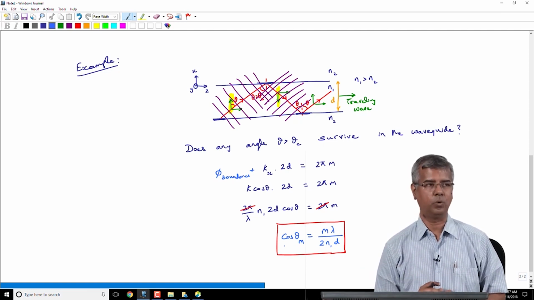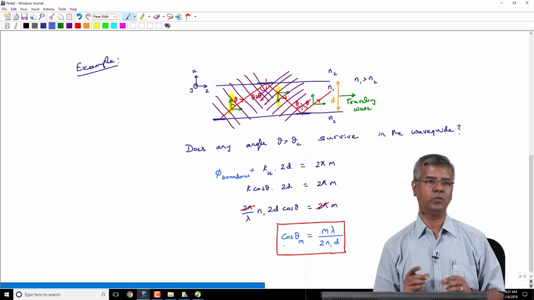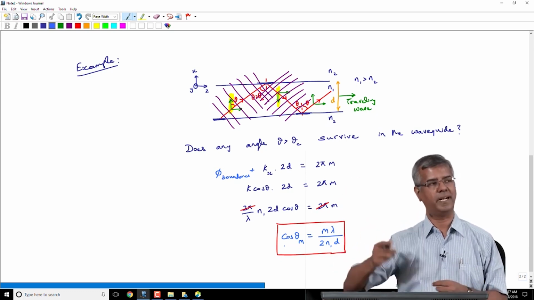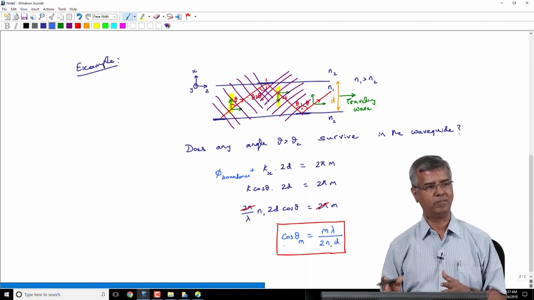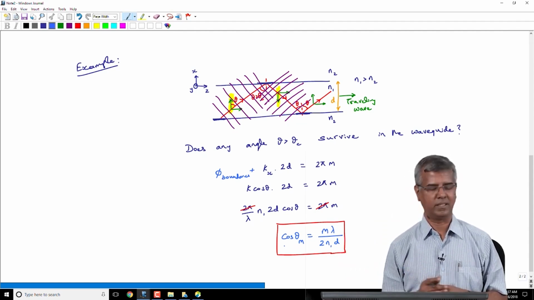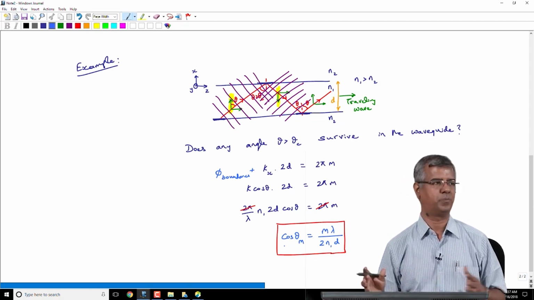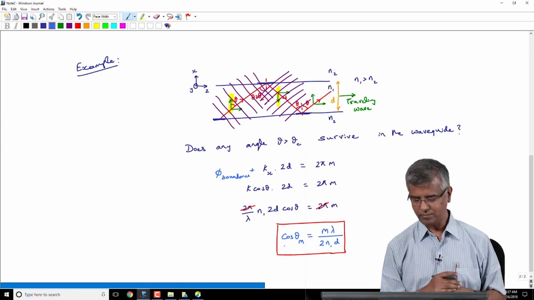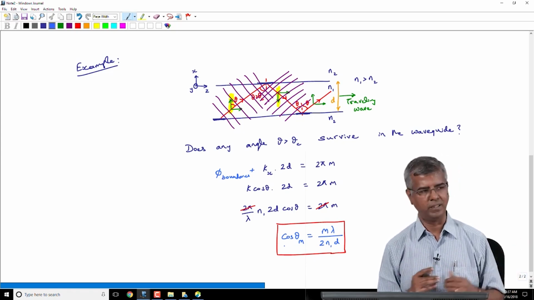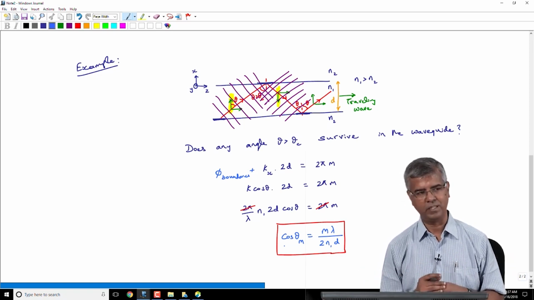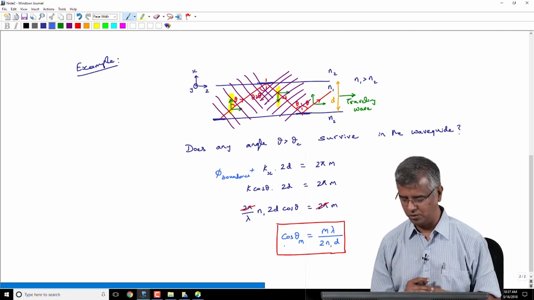So, when m equal to 1, that would have to correspond to the smallest value of cos theta m, right, because as m goes greater and greater, you will have many more solutions that are possible, and cos theta m correspondingly will be lesser, right, because cos theta m goes to 1 when theta equals 0, and when theta m is pi by 2 it goes to 0, right.